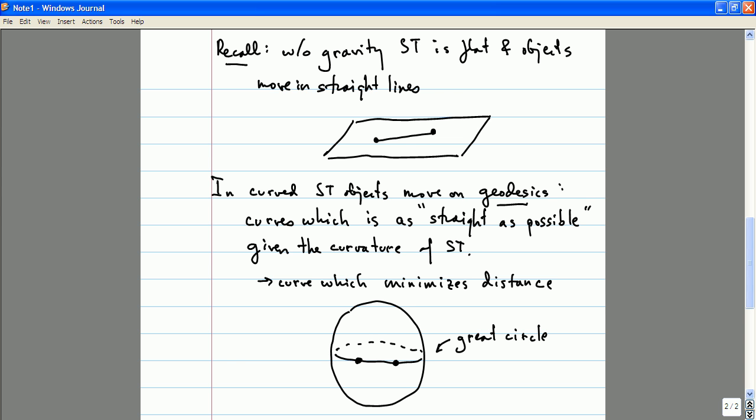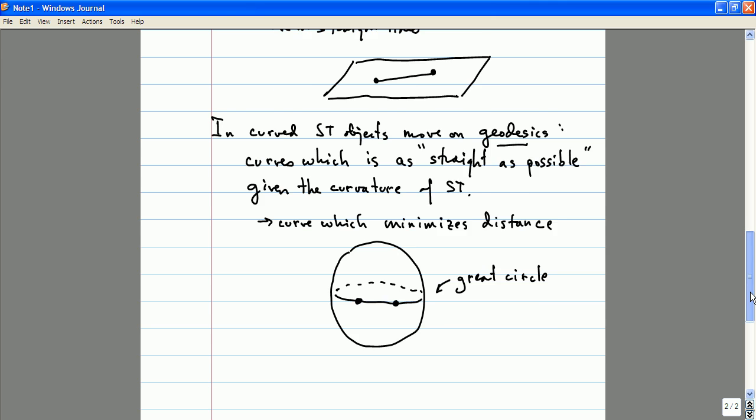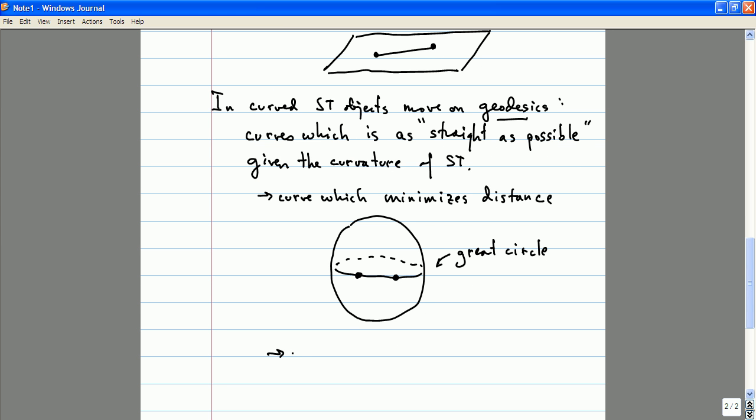Another way of thinking about a geodesic is that it is the curve that an ant would take. What do I mean by that?